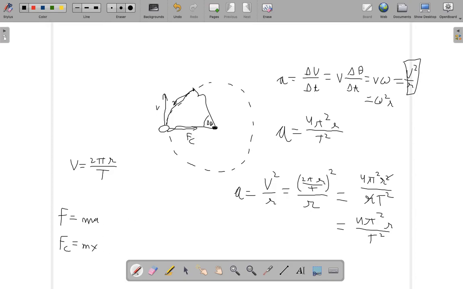We can take it to be either v squared over r, giving us m v squared over r as shown in the data booklet, or we can use angular velocity squared times r, or omega squared r, giving us m omega squared r, and that is centripetal force.